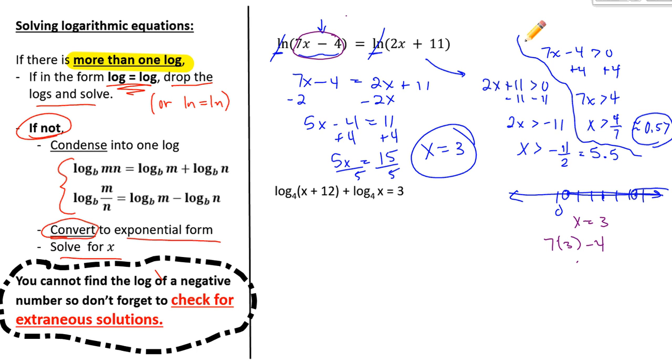That's 21 minus 4, which is 17. Is that positive? Check. Okay, the other one is 2 times 3 plus 11, this guy. That's 6 plus 11 equals 17. It works on both sides and it doesn't produce a negative, so we are A-okay.